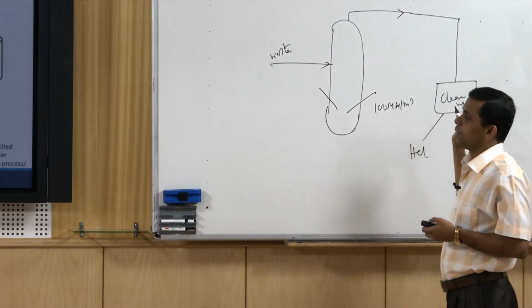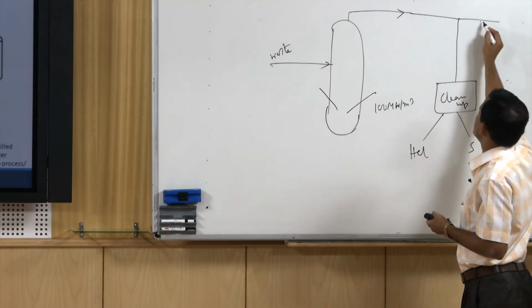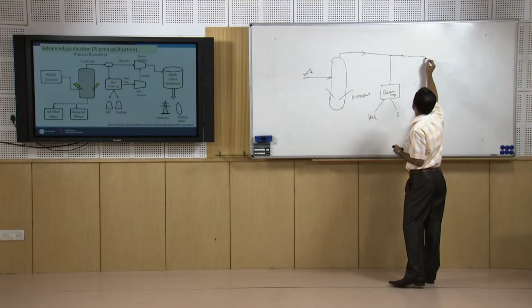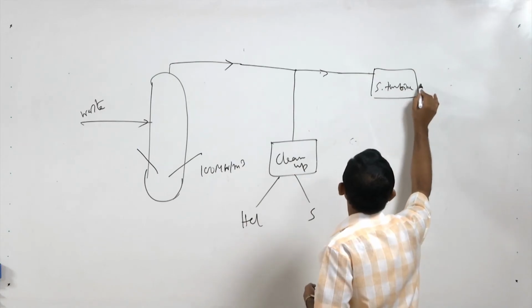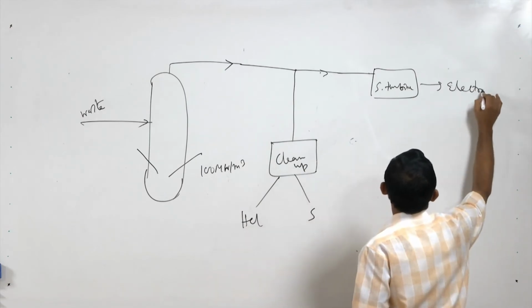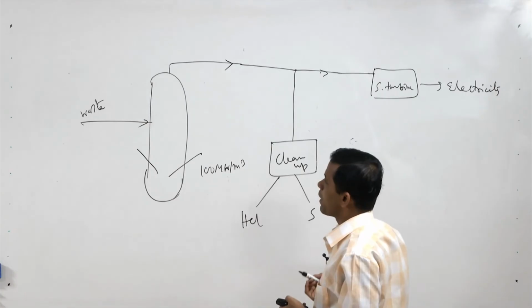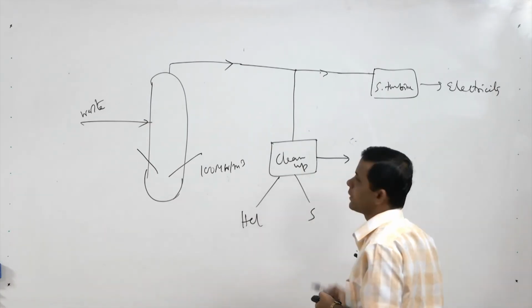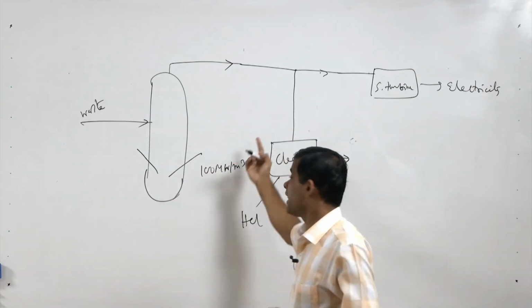This is a major difference in the flow sheet, and then when the syngas is coming, it can go and be used for steam production and then steam turbine, so electricity. And after this cleanup we will get clean gas, and that clean gas can be used in a turbine because the high temperature is there.